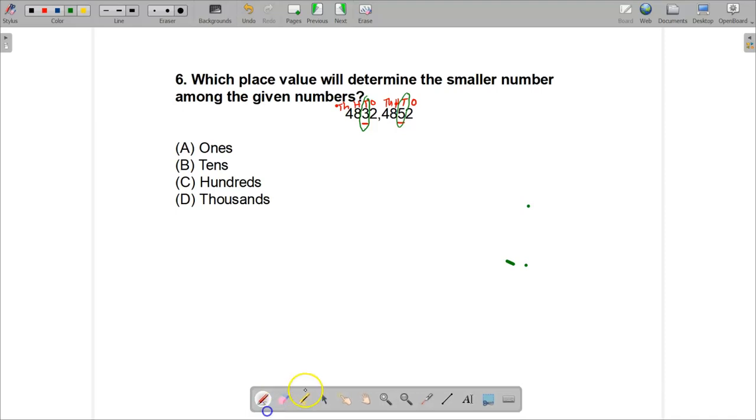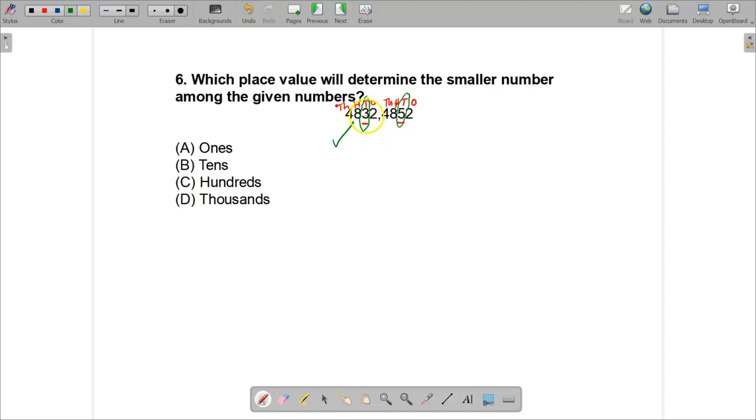So what they are asking is which place value will determine the smaller number. Which one is smaller, 3 or 5? 3 is smaller, right? So we can say that this number is smaller when compared to this number. Why? Because of this value 3. So which place value determines that it is the smaller number?